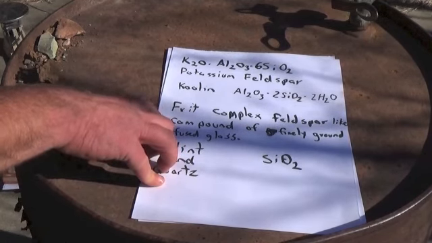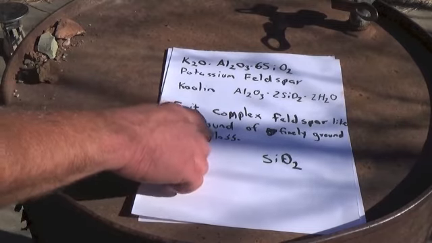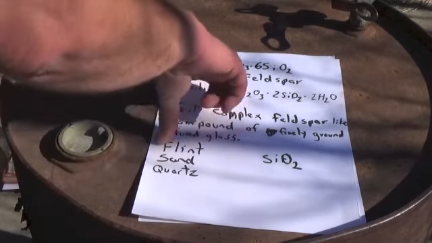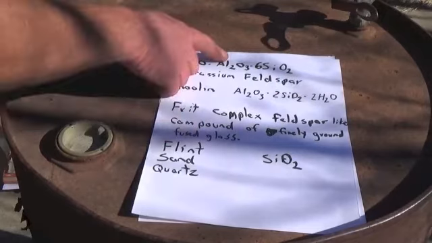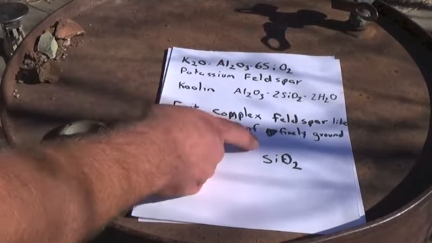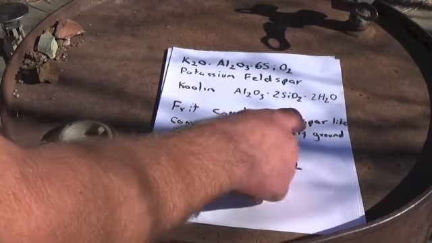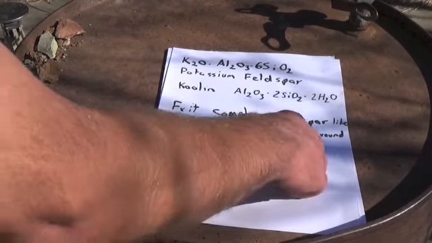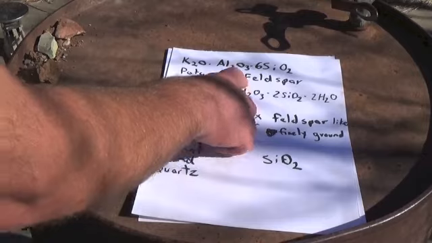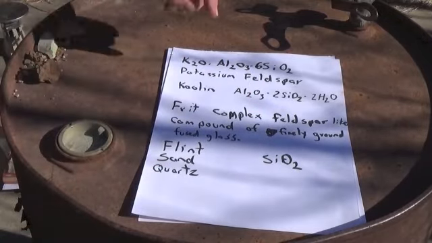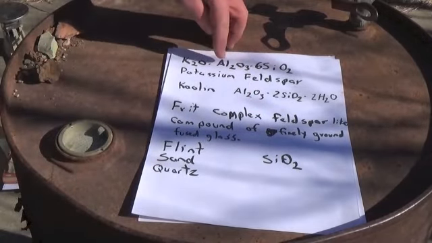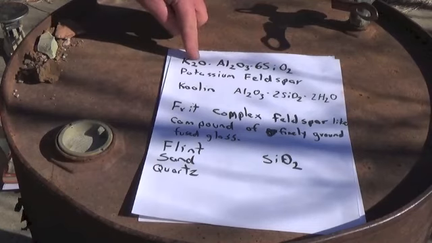So they fire borate compounds that are kind of like the feldspar, and they fire them until they melt, and then they grind them finely, and you use a powder of frit to replace some of the feldspar or some other agent that has a flux in it.